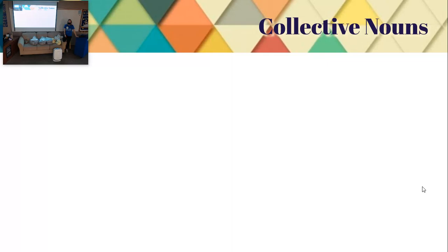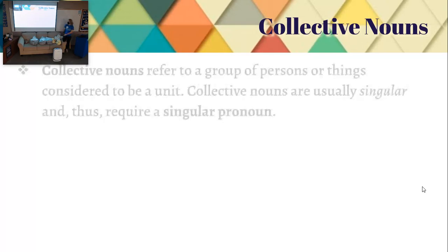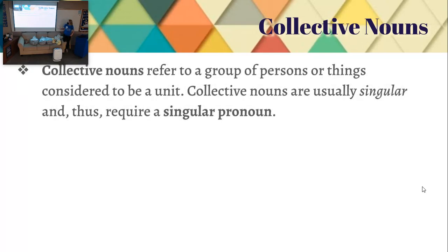Auburn: It's like the noun group. Yes, it refers to a group. Beautiful. Collective nouns just refer to a group of people or a group of things considered to be one unit. What are some examples of collective nouns you can think of? Shout them out.